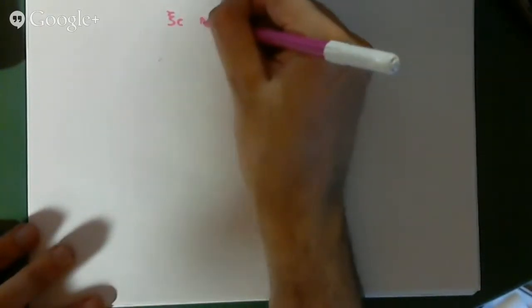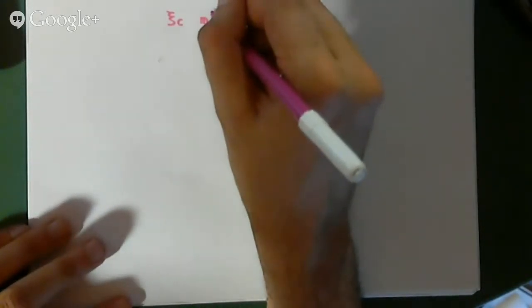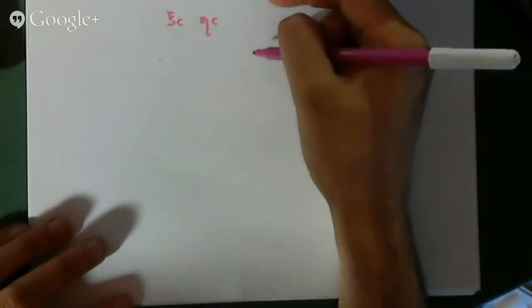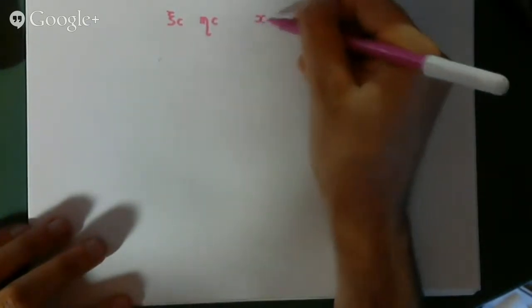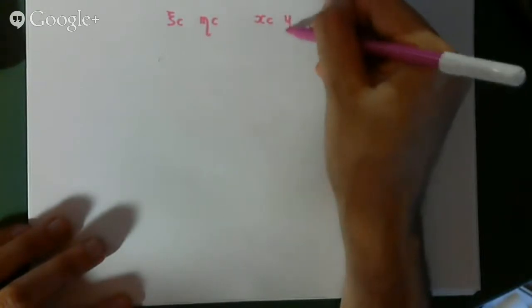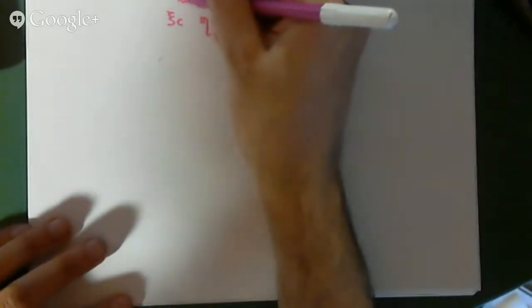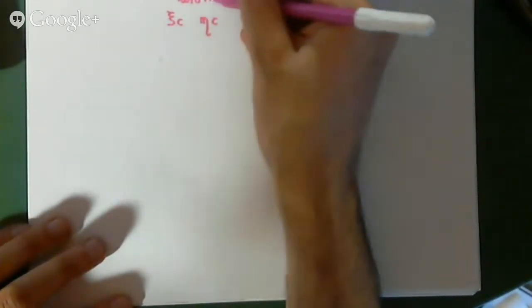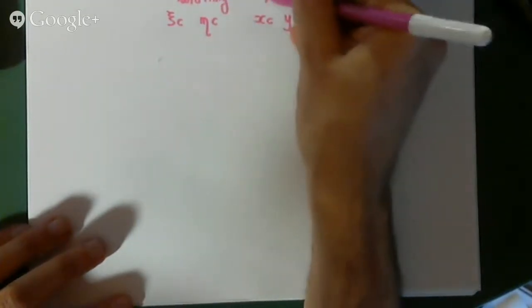But the coordinates zeta C and eta C in the rotating frame can be expressed as functions of the coordinates of the same point in the fixed frame x, y.